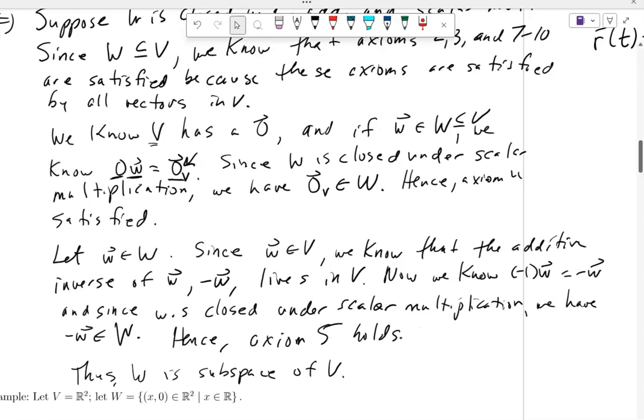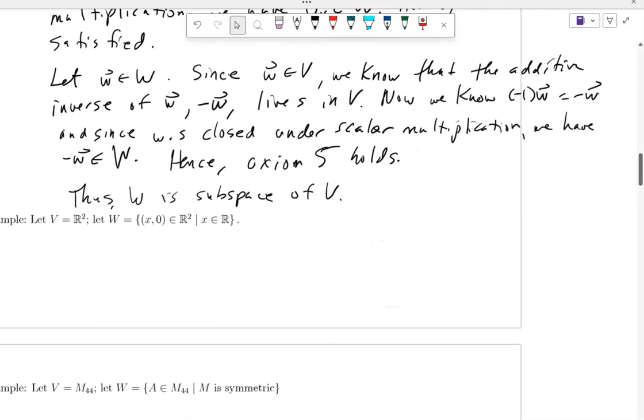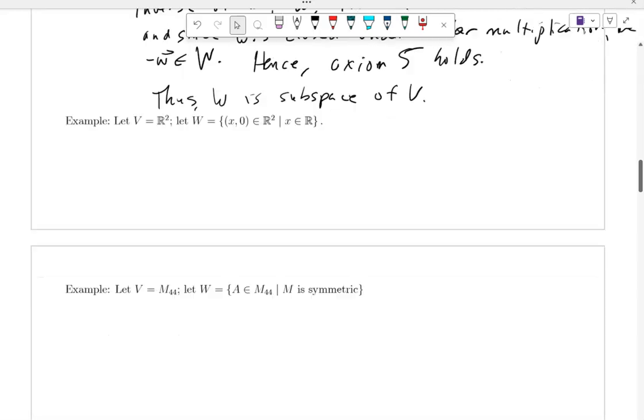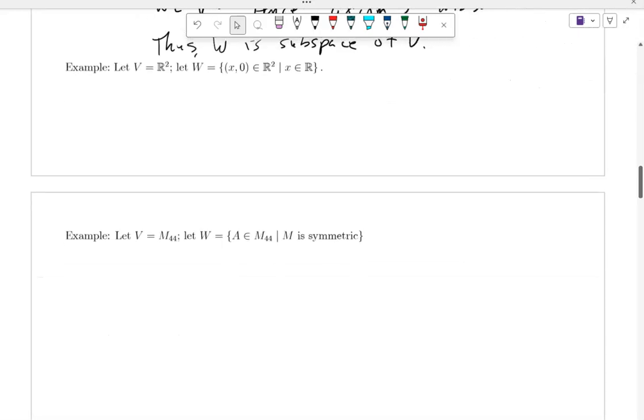All right. So let's see if we can do another example or two before we stop. Okay. Let's look at the next example. It must not take too long to prove. So the vector space is R2. W is the set of everything that has a 0 y coordinate.